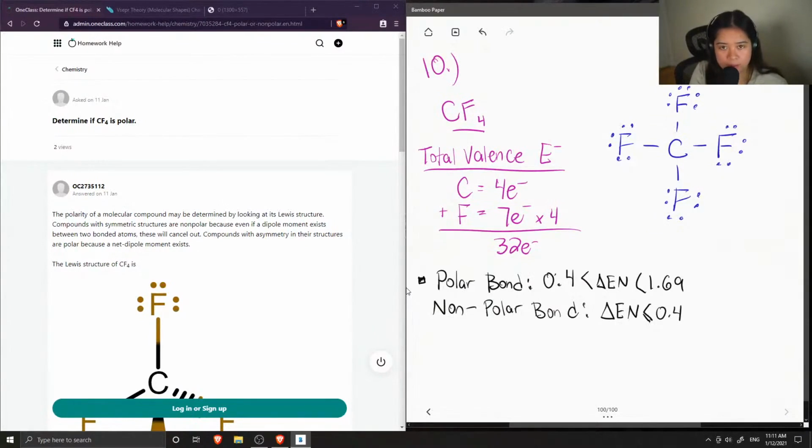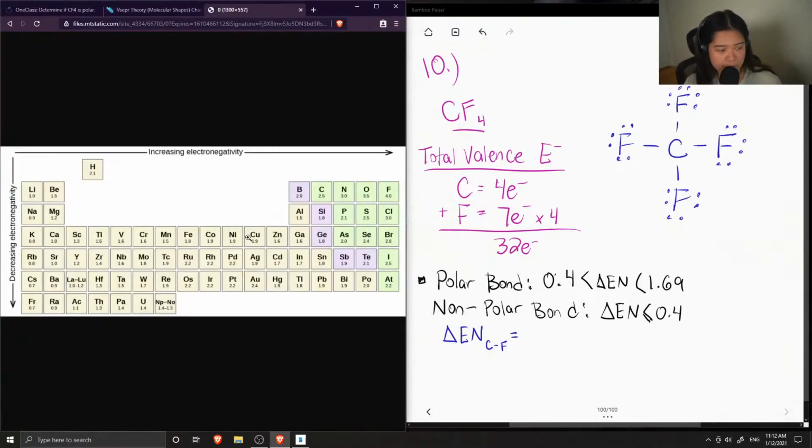Okay, now that we know what constitutes a polar bond and a nonpolar bond, let's find the electronegativity difference between carbon and fluorine. If we look up their electronegativity values, you'll see that carbon has an electronegativity value of 2.5 and fluorine's is 4.